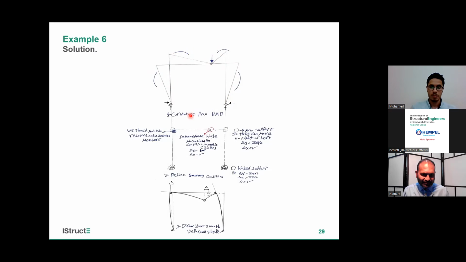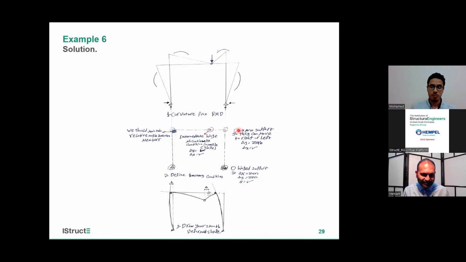I also need to remember the boundary conditions. Here I have a hinged support, so delta x and delta y will be 0, but I'll have a rotation. That's the first thing. Second thing, I'll have to keep the relative theta between members.